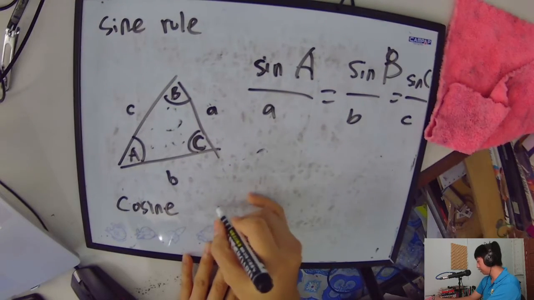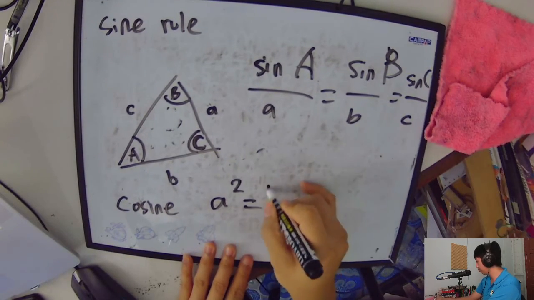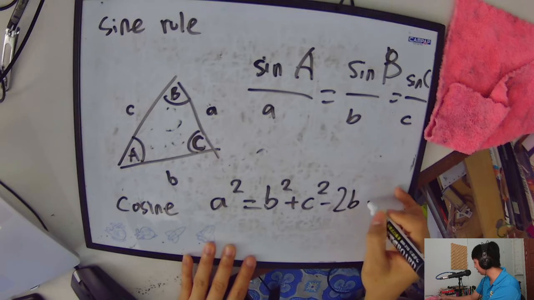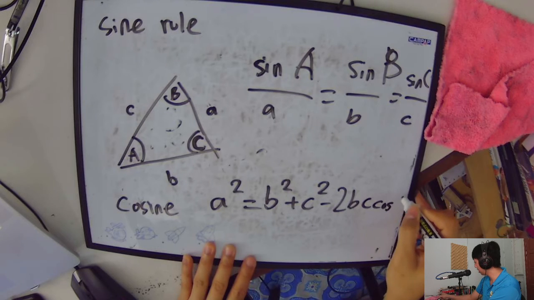The cosine rule would be a squared equals b squared plus c squared minus 2bc cos A.